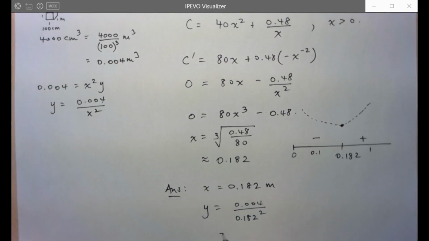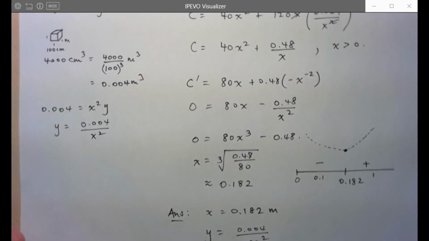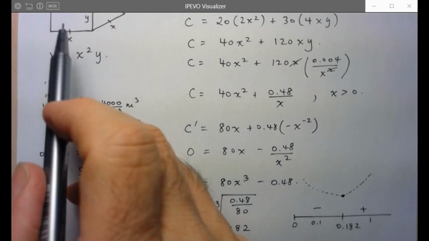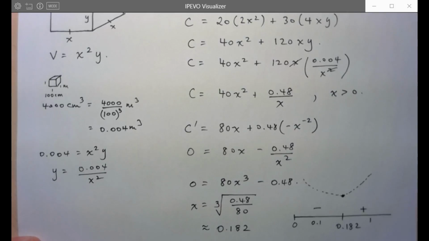Okay, so y is equal to 0.121 meters. Okay, so that means that the dimensions of my box are a base of 0.182 by 0.182, and then with a height of 0.121.